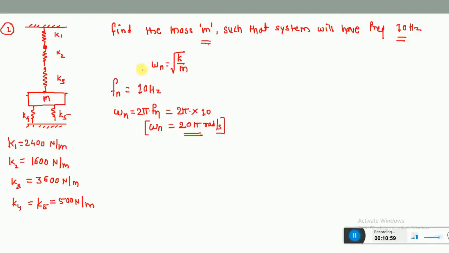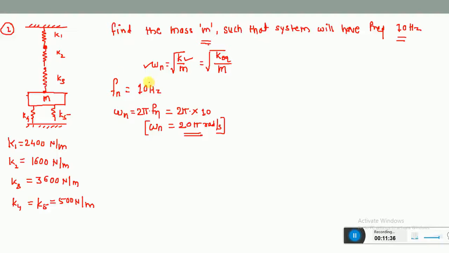Now in this formula, omega n is known. We have to find out the K value. So K value here is nothing but the equivalent K. So we will write the same formula as K equivalent for the entire system divided by the mass of the system. So we have to find out the K equivalent from this.